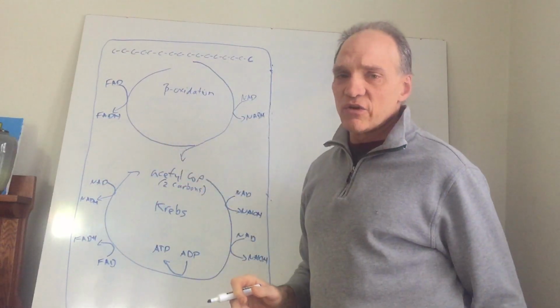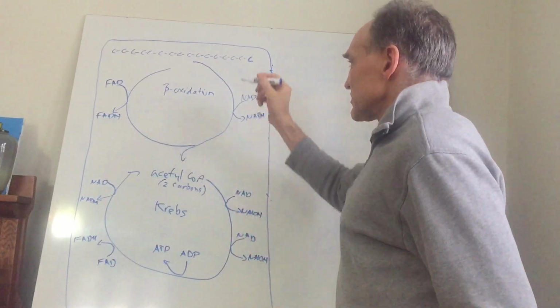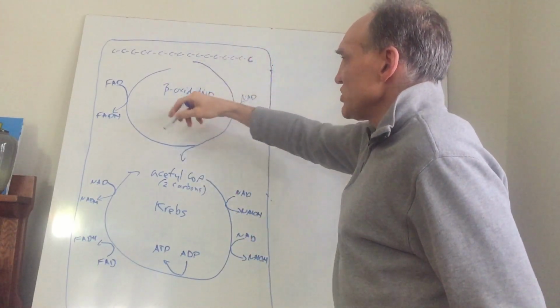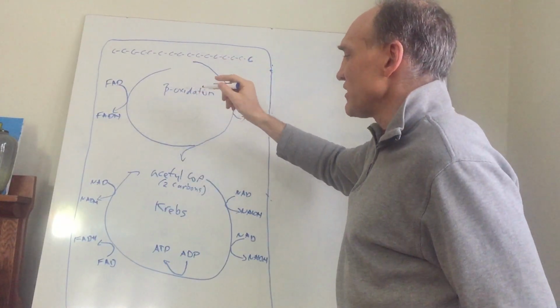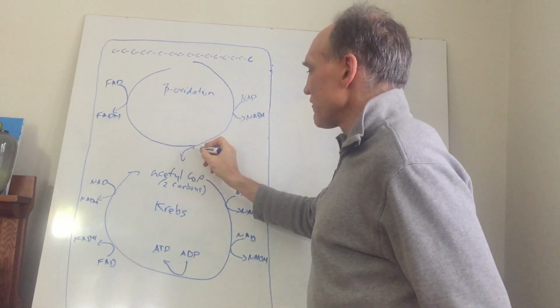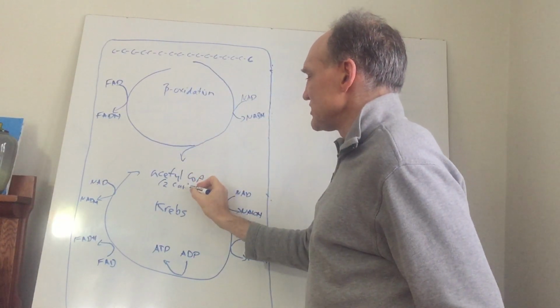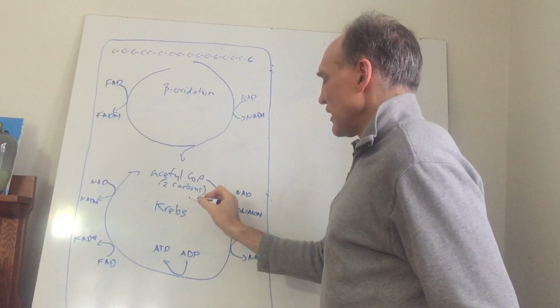The FADH is going to go to the electron transport chain and give you about 2 ATPs. So this beta oxidation breaks down the 16 carbon fatty acid 2 carbons at a time, and then the 2 carbons that are broken off each time go to acetyl-CoA and then go through the Krebs cycle.